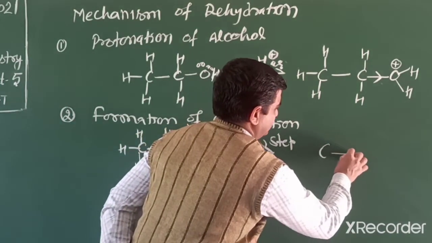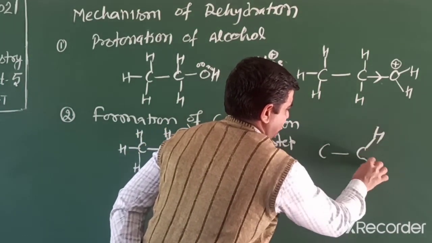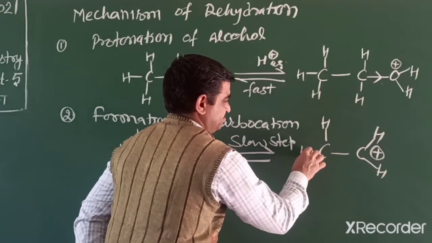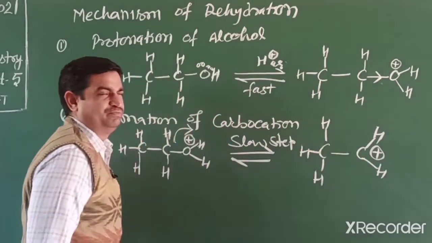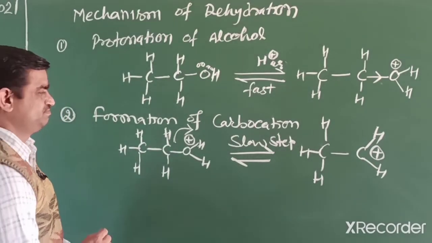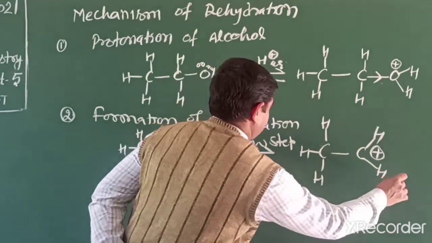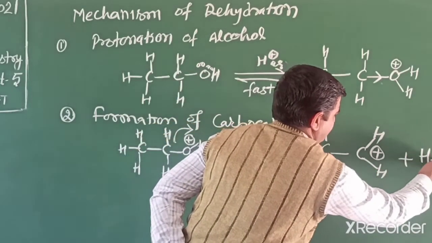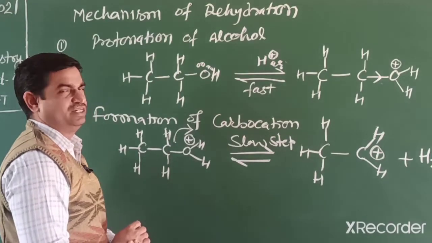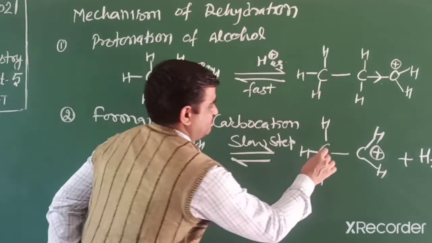By this method we get the ethyl carbocation. Third step is again removal of a proton, or elimination of a proton, which we can call deprotonation.